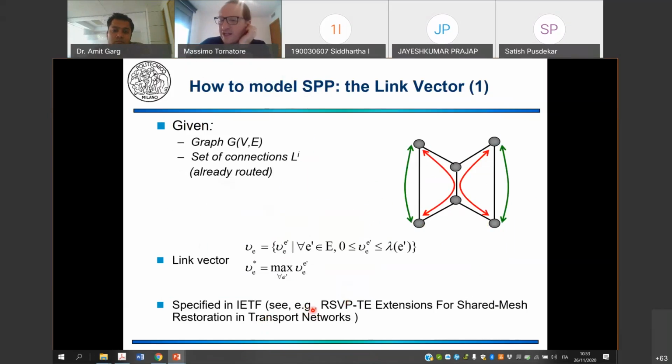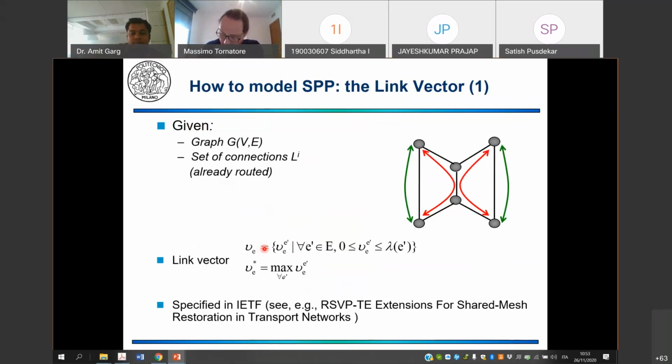let's see how this link vector works, okay? So a link vector is defined, let's not waste too much time on the math, okay? It is defined as a vector which has as many entries as the number of links in the network, okay?